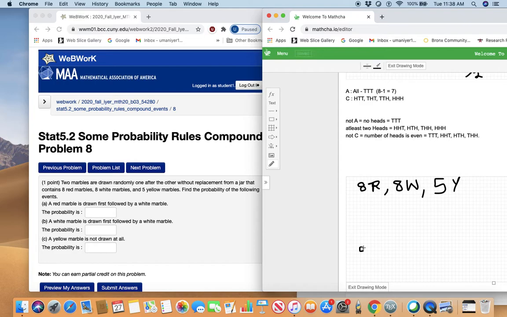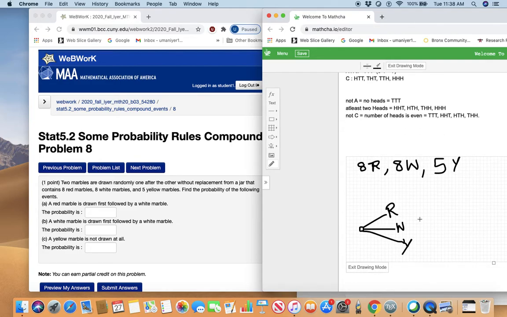So first draw, you could have either a red or a white or a yellow option. If you drew a red first, you might still have these 3 options left: red, white, yellow. This is the second draw.